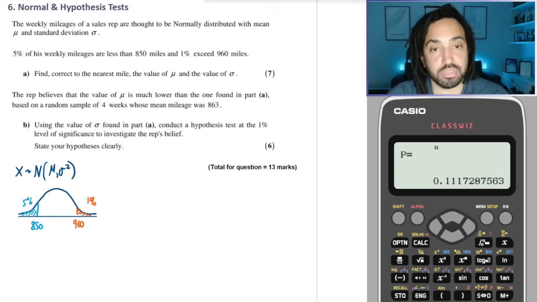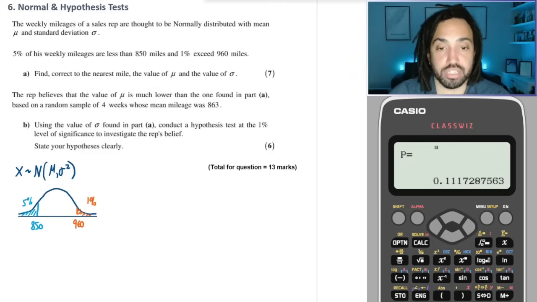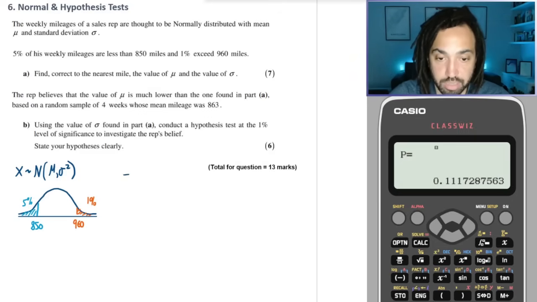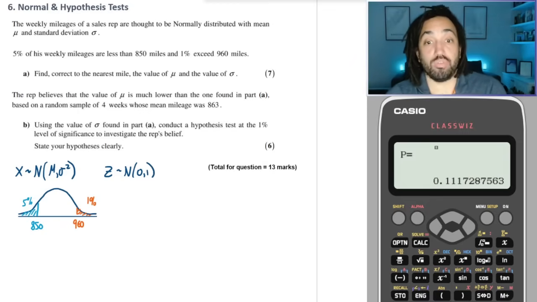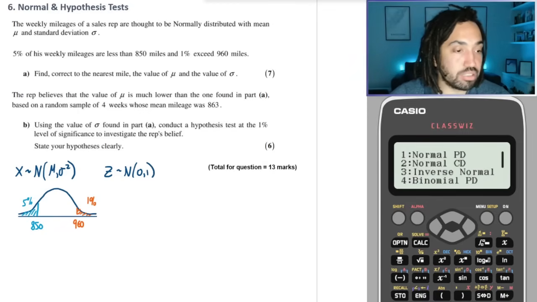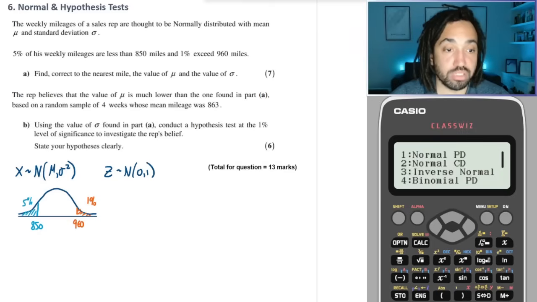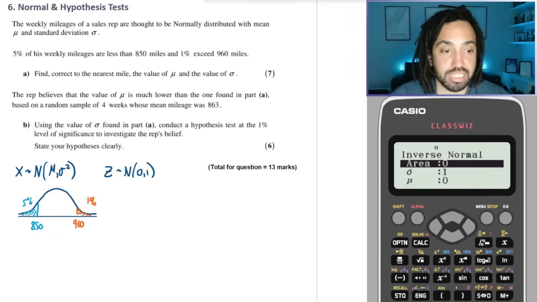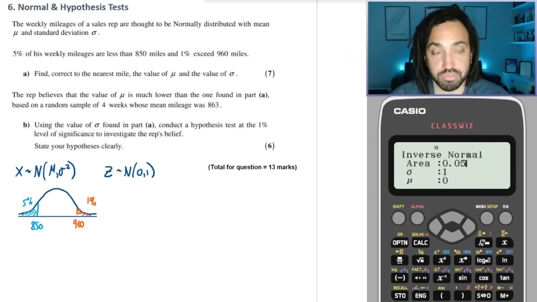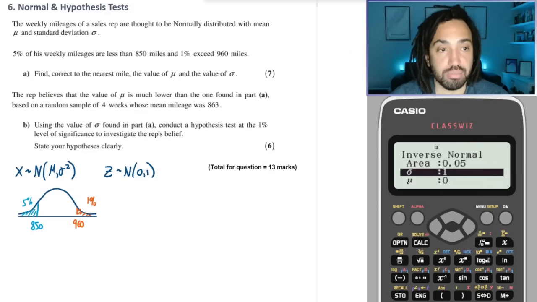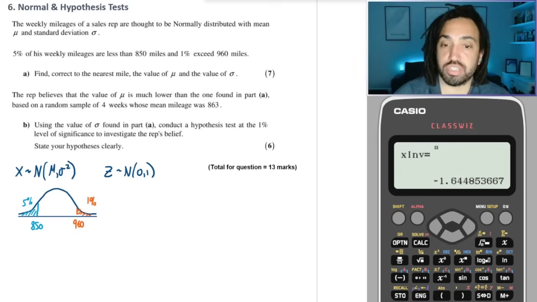Okay, so what we're going to do is find 2 z values, where z is the standardized normal distribution, which has a mean of 0 and a standard deviation of 1. So I go to normal, inverse normal, and I need an area to the left, because this always is to the left, of 0.05, with sigma 1 and mu 0.